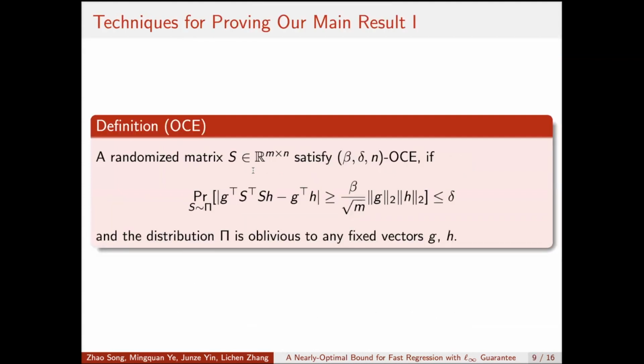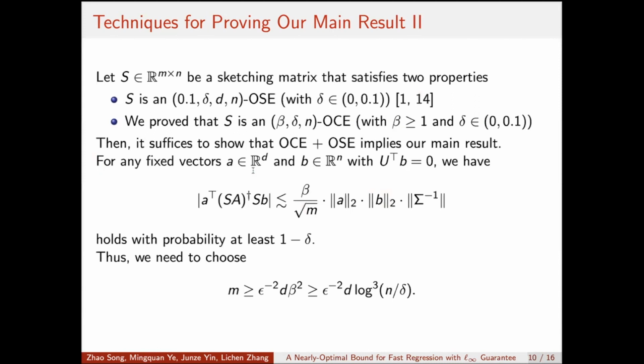Now I'm going to present the techniques for proving our main result. First, I will present the definition of OCE. We say a randomized matrix S satisfies OCE if the following equation holds, and the distribution pi is oblivious to any fixed vectors G and H. Our techniques involve showing that S satisfies the OSE property and the OCE property.